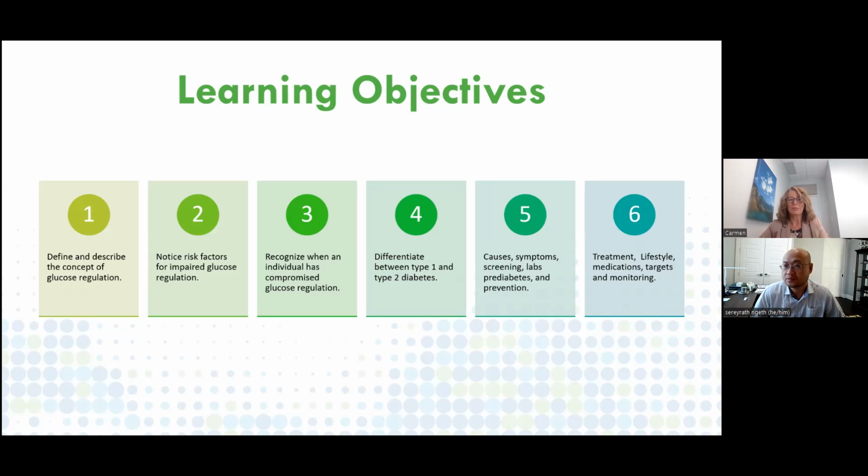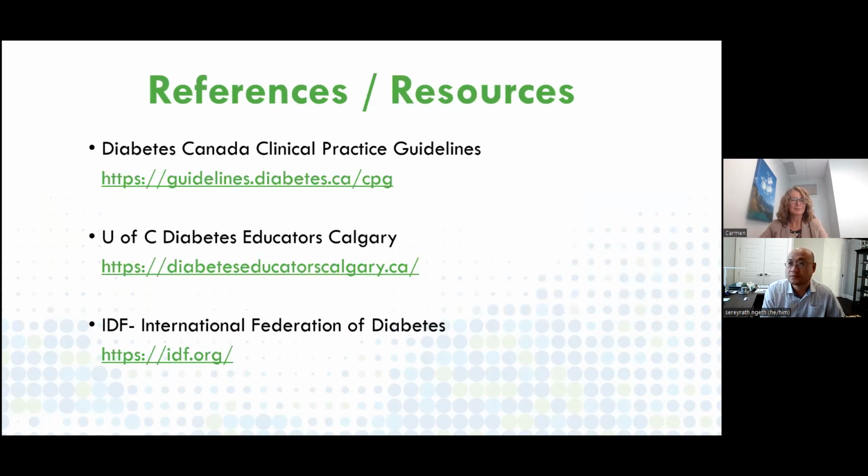Next, we want to recognize when an individual has compromised glucose regulation, and then differentiate between type 1 and type 2 diabetes, identify causes, symptoms, screening, labs, prediabetes, and prevention. And finally, we will address treatment, lifestyle, medications, targets, and monitoring.